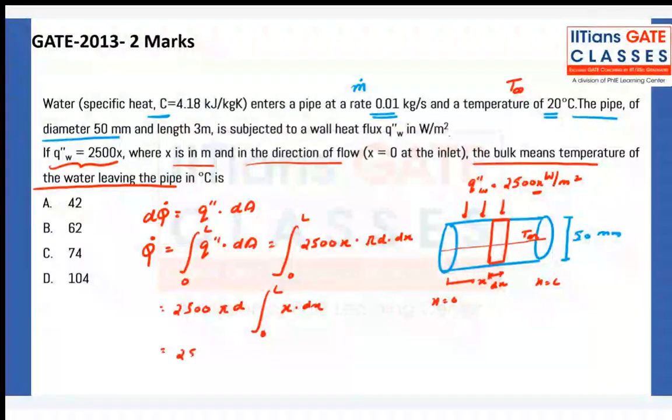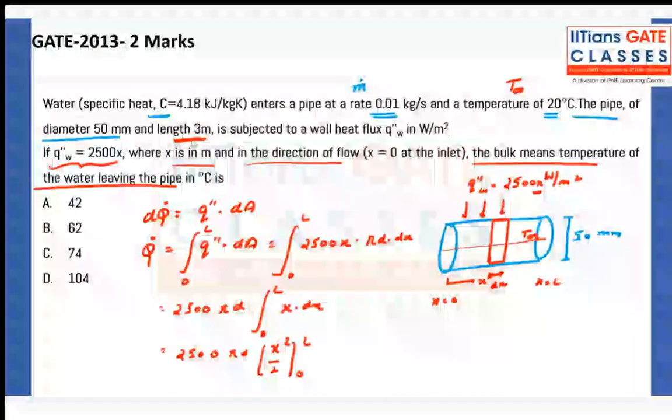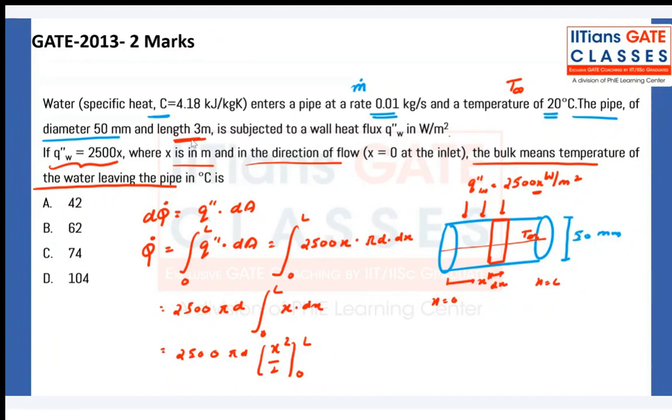Pi d x square by 2, 0 to L. Length is also given, 3 meters. So can you find out what is the total heat transfer? 2500 into pi, diameter is 0.05 meter, L square is 3 square by 2.